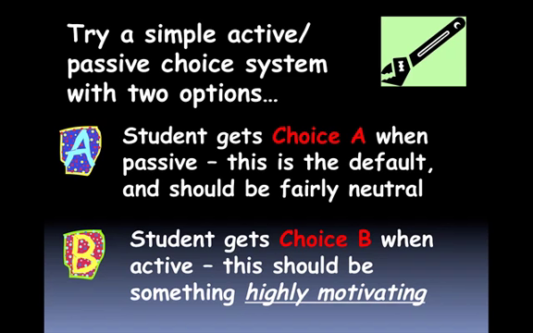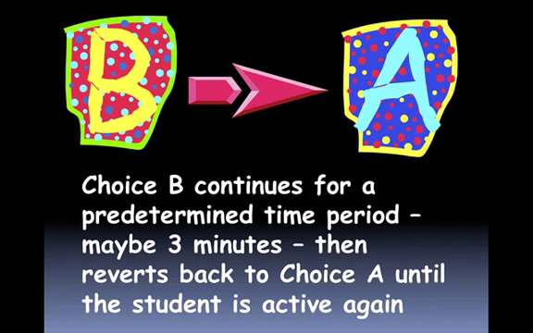So whenever the child is being passive, they get the neutral item, the laundry scoop. Whenever they're being active, then they get the thing they really love.